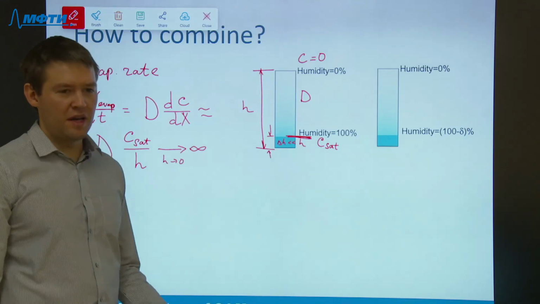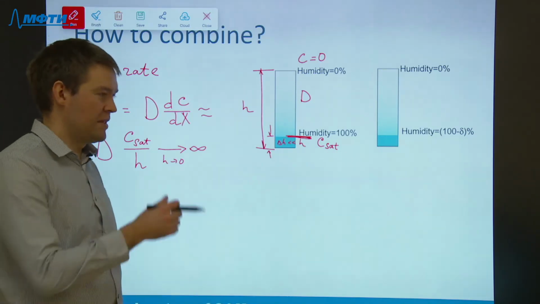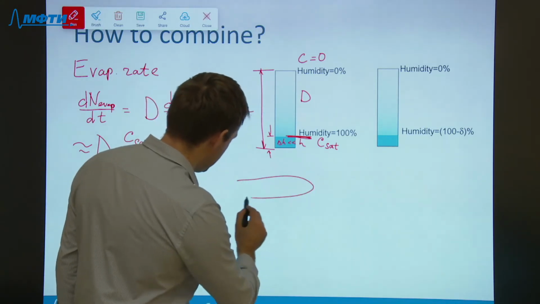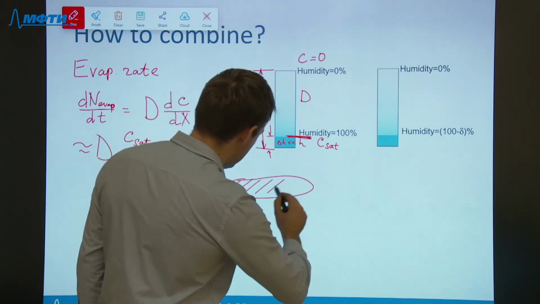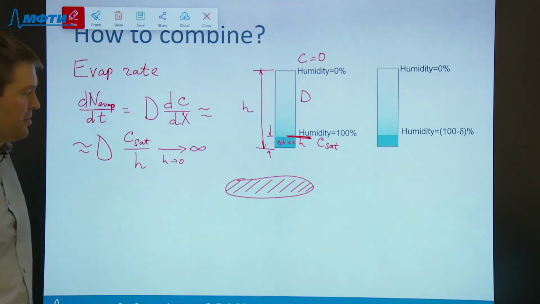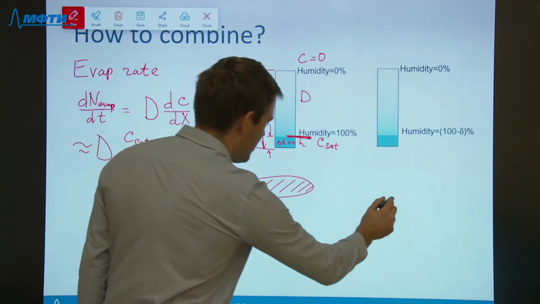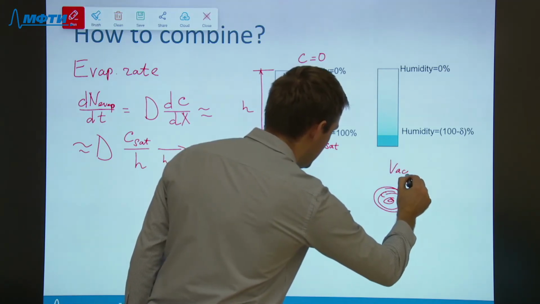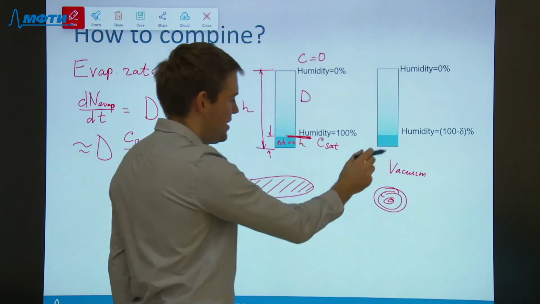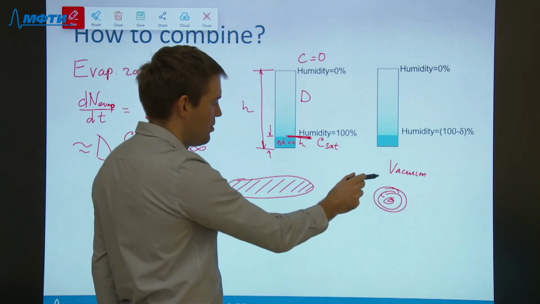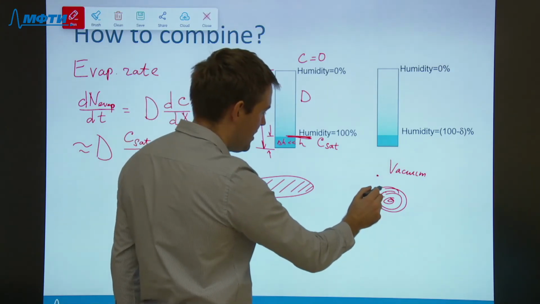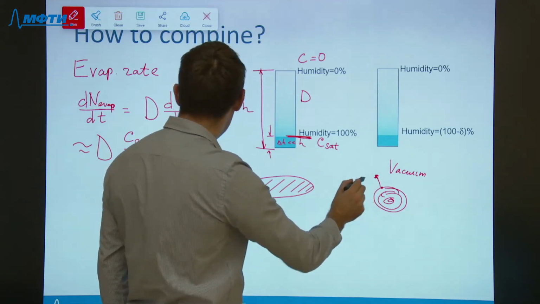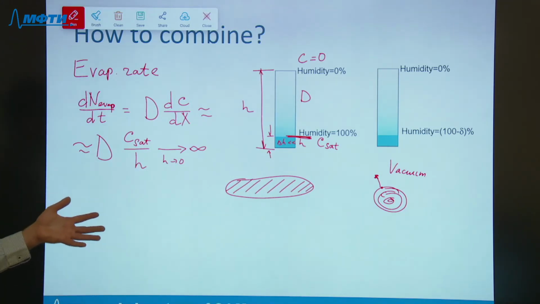For example, you can put your water not into a glass but onto a plate so that it just has a flat surface, and you can put this water into a vacuum, and then the density of vapor will be approximately 0 here, and it would be the saturated density here, and you will get the evaporation rate tending to infinity.